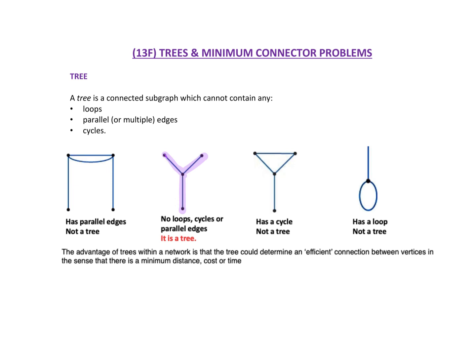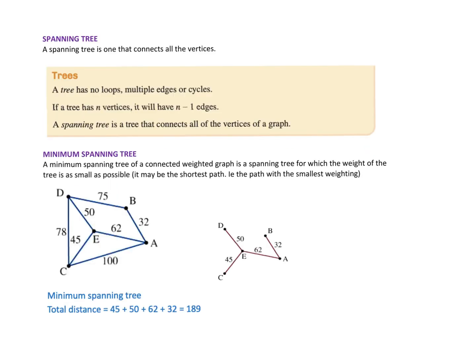So you've got a tree or a connection problem. A spanning tree is one that connects all the vertices in the network, but you've got to remember those rules: a tree won't have any loops, and no multiple edges.